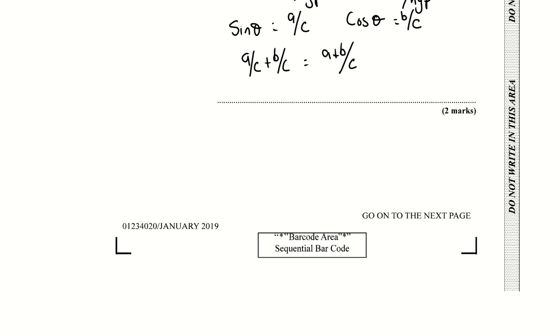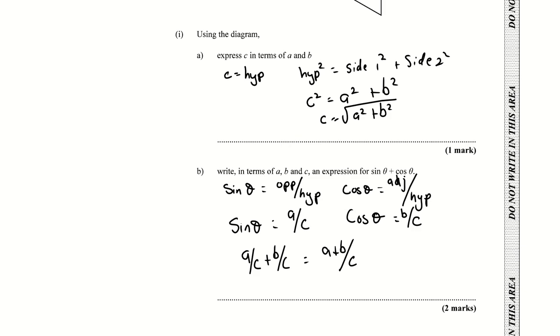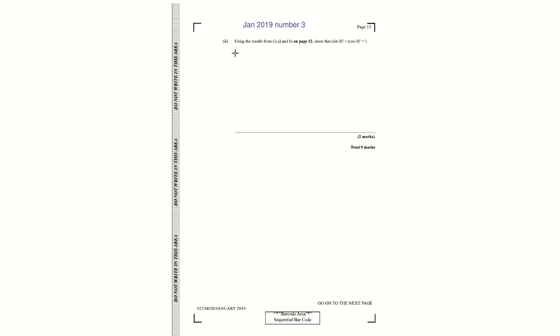And the next question says, using the results from part 1A and B on page 12, show that sine squared theta plus cos squared theta is 1. So first off, we know that C is equal to the square root of A squared plus B squared.